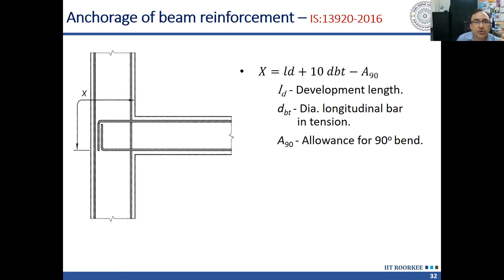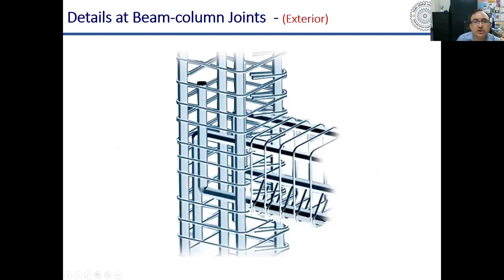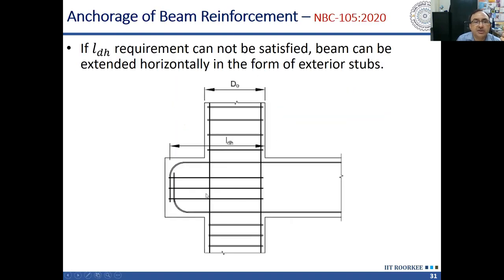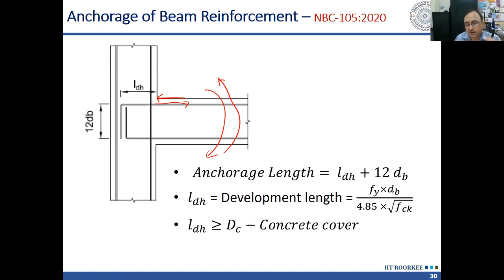You have to take this longitudinal reinforcement of the beam into the column to a large depth, and this causes some construction problems. So it is difficult to provide. So that has been improved in NBC, and in NBC this detailing has been taken from the ACI code. And here the anchorage length consists of two parts. One is this horizontal part and another is this vertical part.